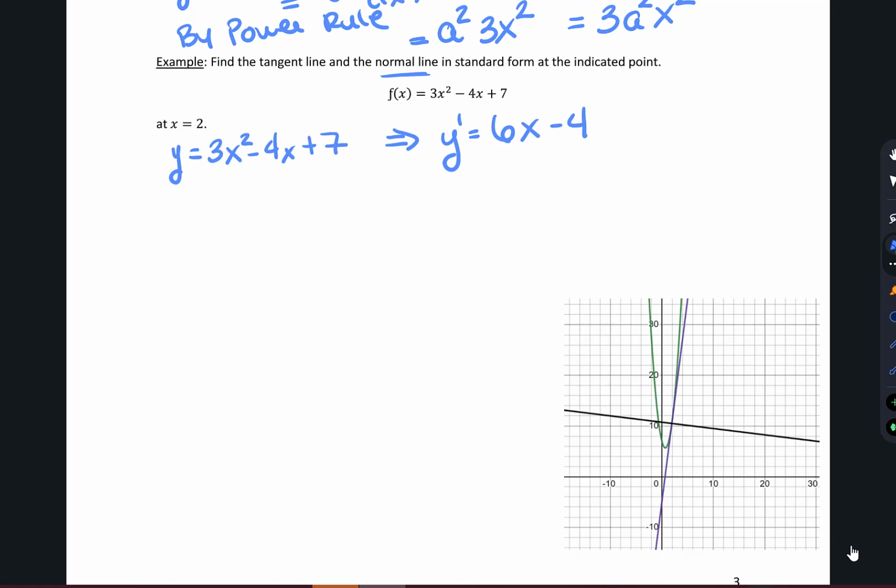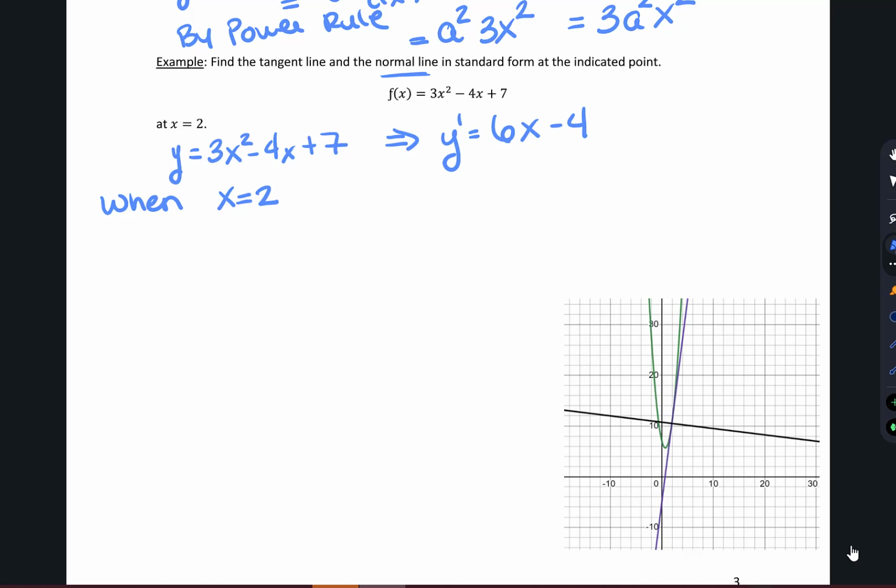And so notice I'm interested at the point when x is equal to 2. So when x is equal to 2, I want to find both what y is equal to and what y prime is equal to. Knowing what y is equal to will let me find a point that the tangent line goes through. And then evaluating the derivative at 2 is going to tell me the slope of the tangent line. And so those two pieces together are going to allow me to write the equation of the tangent line.